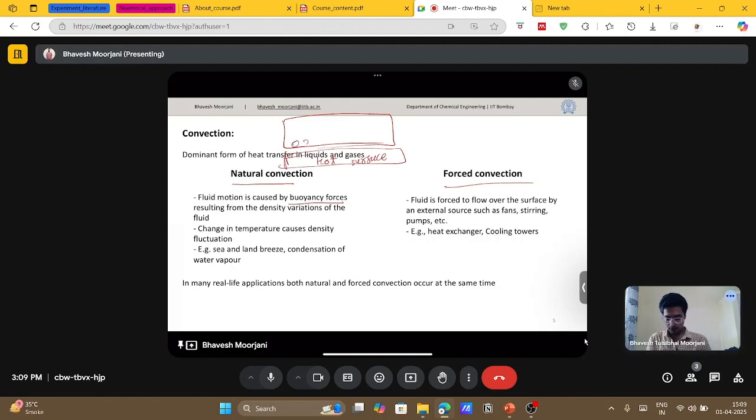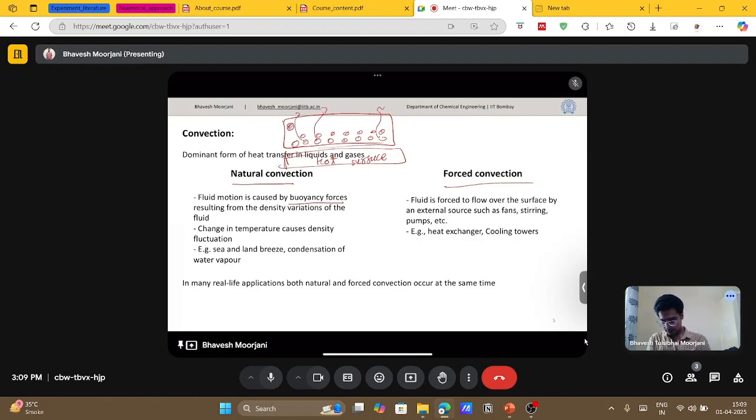Any fluid molecule closer to the surface will be heated much faster, right? So the local density of this part will be lower since it's heated. At a higher temperature, density will go down, so this molecule will tend to move upwards, right?